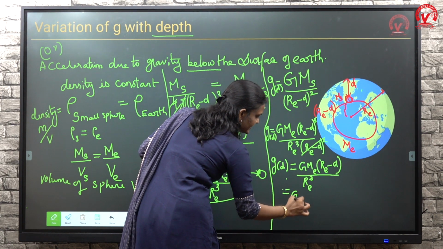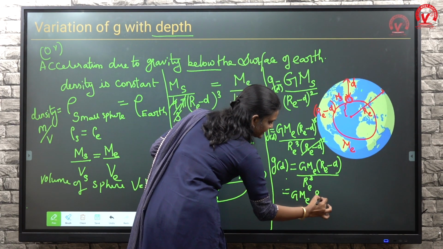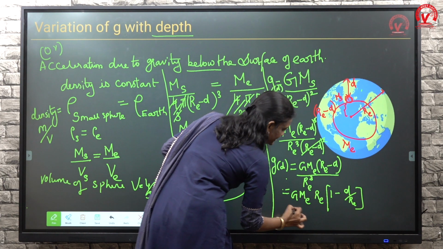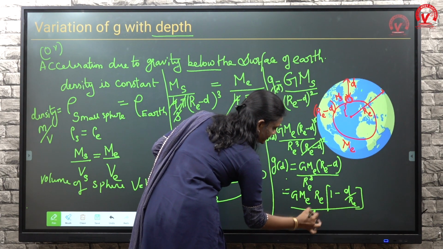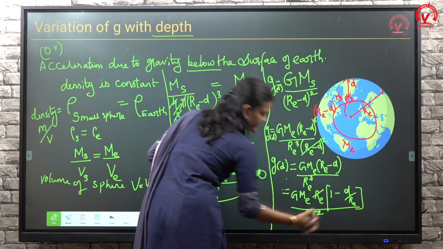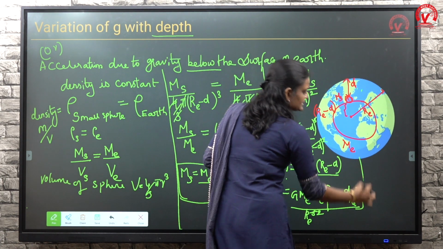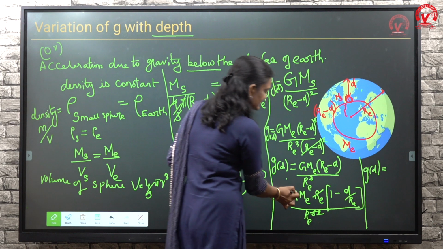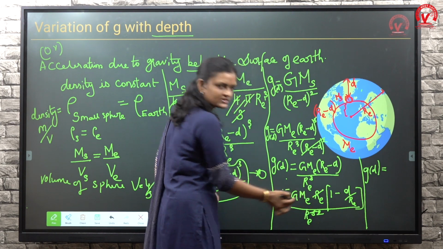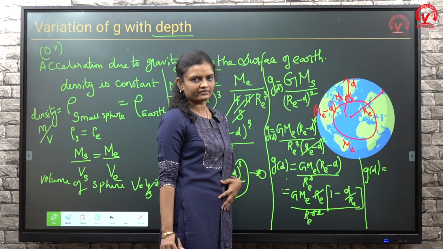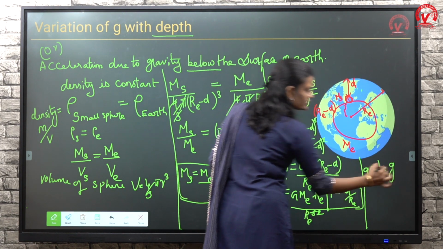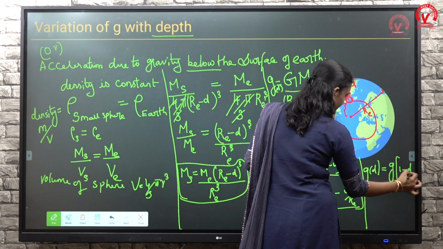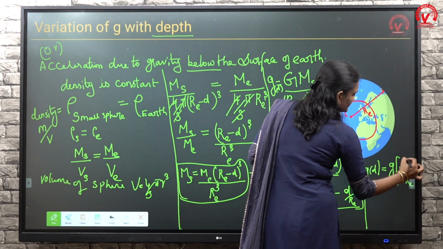This can be written as G Me Re times 1 minus d divided by Re, divided by Re cube. Now Re gets cancelled and here we get a square. We know that G Me divided by Re square is nothing but the acceleration due to gravity g. So g of d is equal to g times 1 minus d divided by Re.